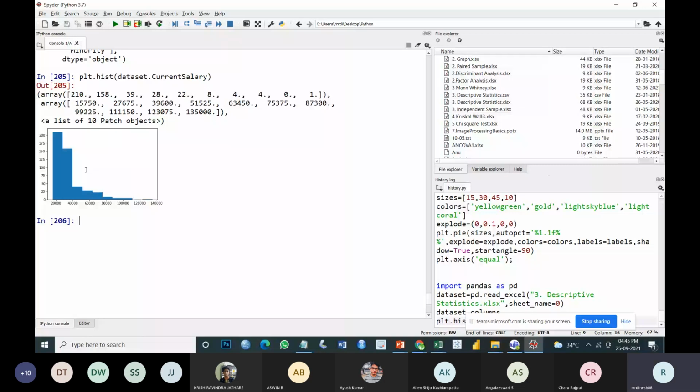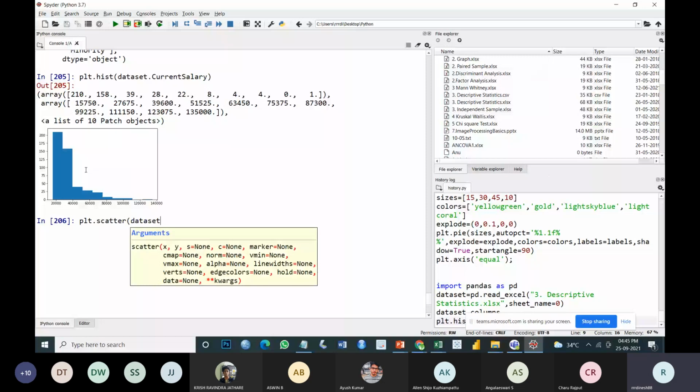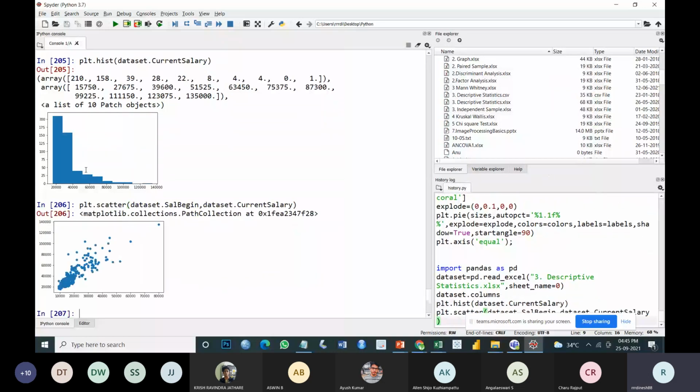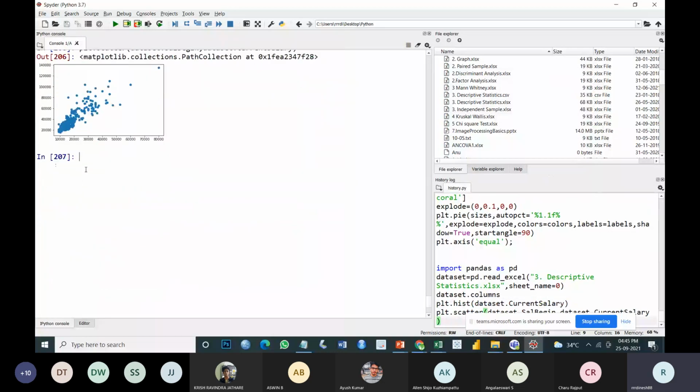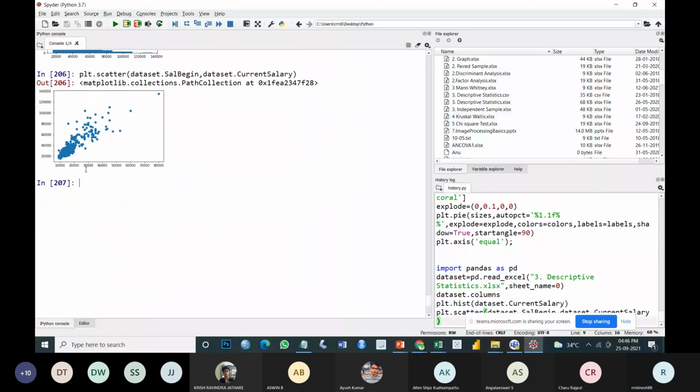Next, we can also draw the scatter plot. Scatter is the function name, given salary begin, comma, dataset.current salary. When both the x and y axes are continuous variables, we can draw the scatter plot.